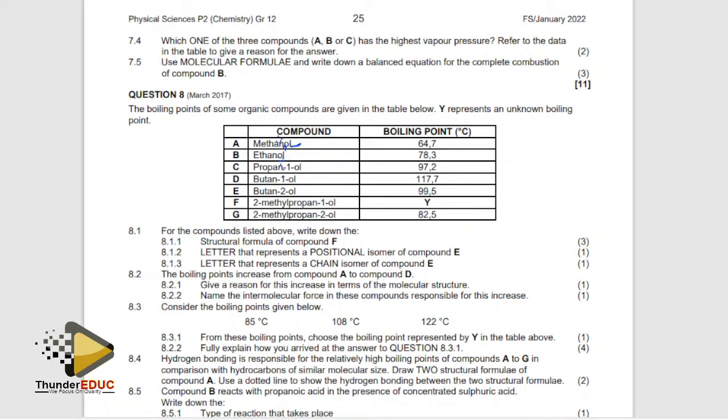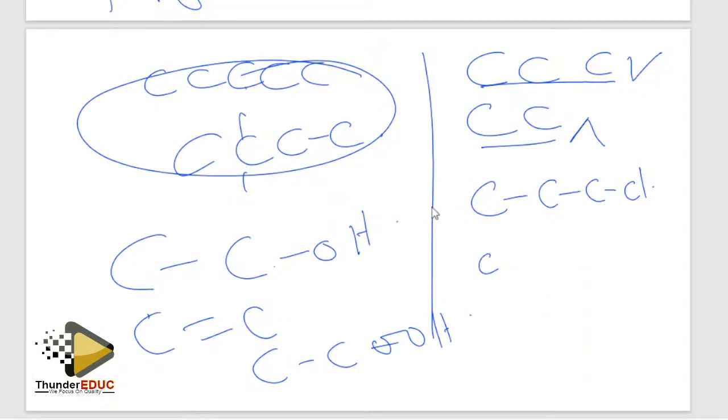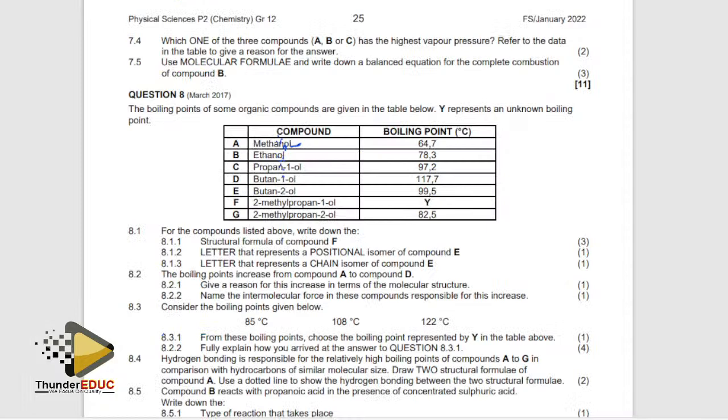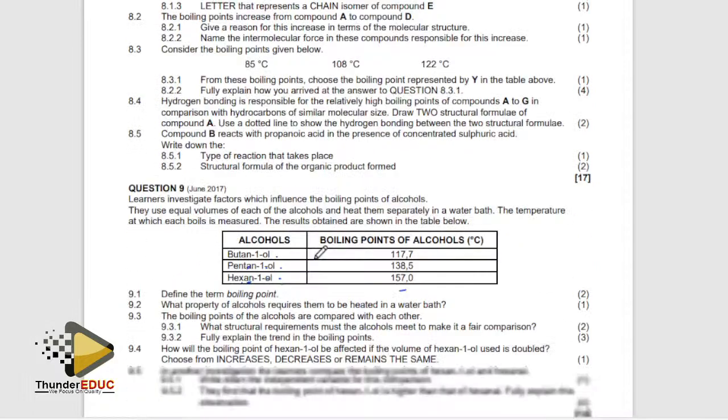If it is alcohol versus alkane, definitely alcohol is going to have a higher boiling point, because alcohols have London force and also hydrogen bonds. The one which has dipole will have a higher boiling point compared to London force only. The one which has hydrogen bonds will have a higher boiling point compared to the dipole force and the London forces. Please make sure you know that.